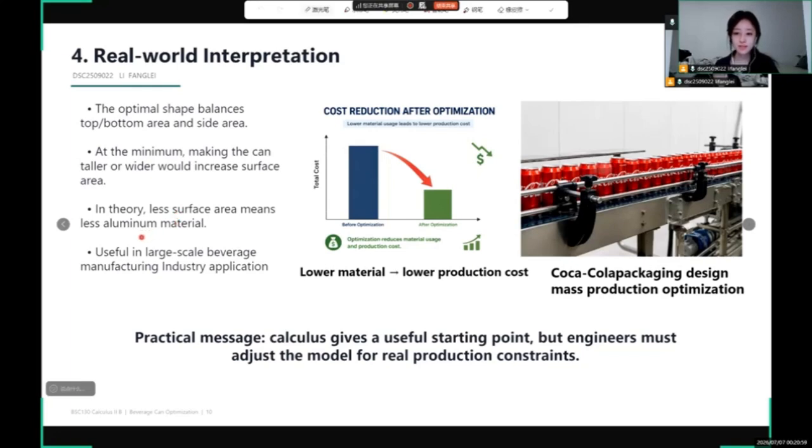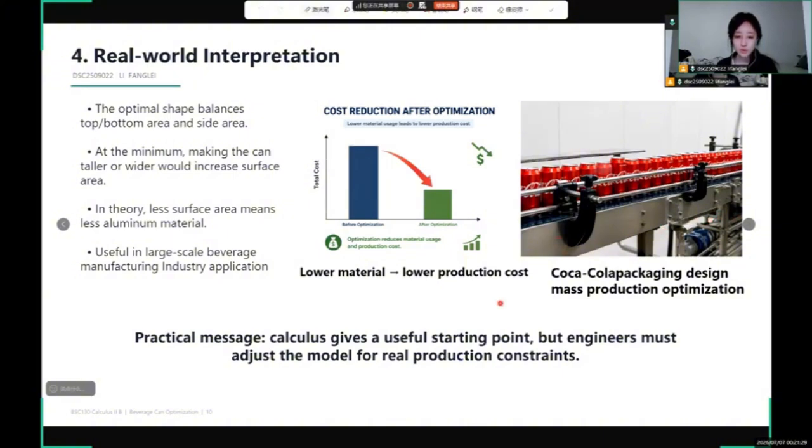Even a small reduction in material per can leads to a significant reduction in total production cost. So, this mathematical result is not just a theoretical answer, but it has real industry meaning. It helps companies improve efficiency and reduce cost in large-scale production, such as beverage industries like Coca-Cola or Pepsi.